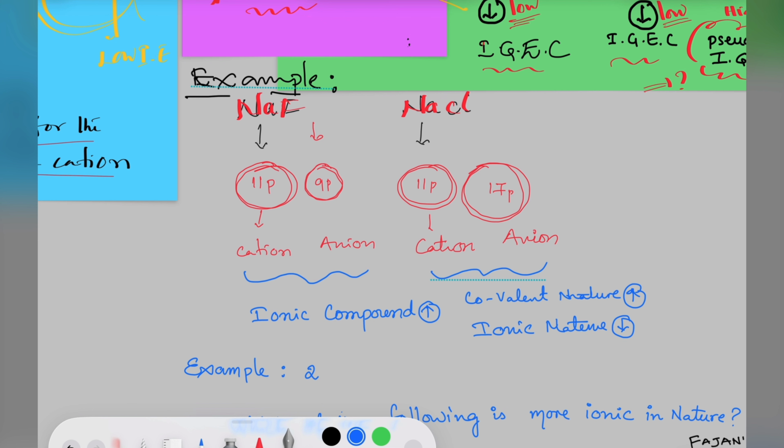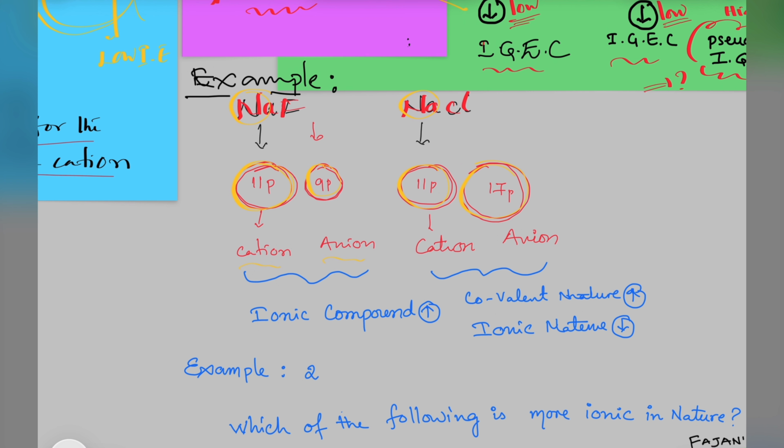Sodium fluoride and sodium chloride both contain sodium. Yes, these sodiums have 11 electrons, 11 protons. Now fluorine has atomic number 9, 9 protons, but chlorine has 17 protons, 17 electrons. Clear? Now you see the sizes of these. This is the cation, this is the anion.